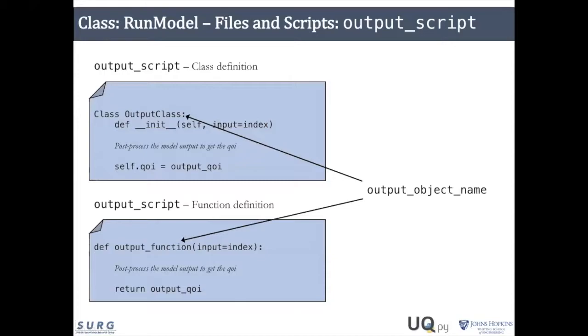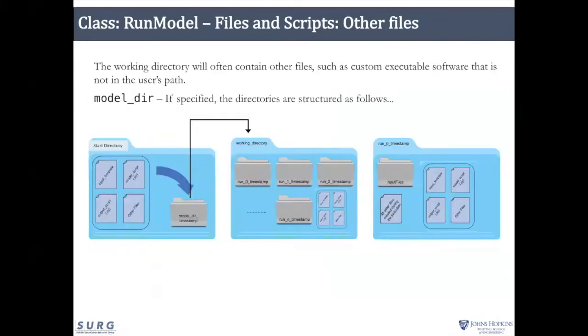So this shows the process of generating input files, running the model, post-processing the output, and extracting the quantity of interest back into RunModel. This is the essential structure used to execute any third-party software model using a template input file.